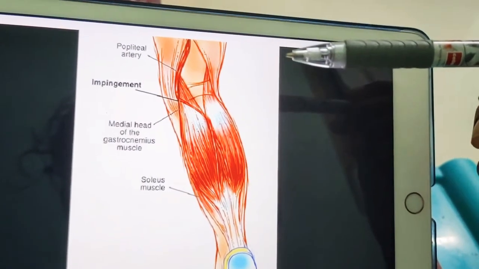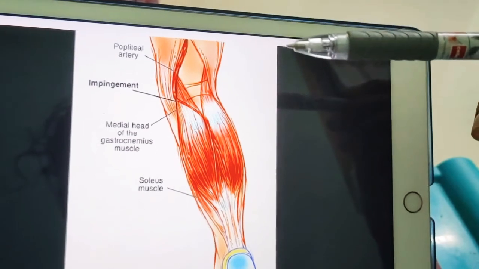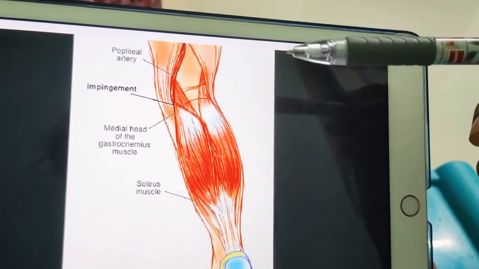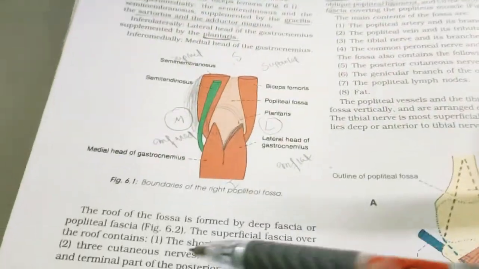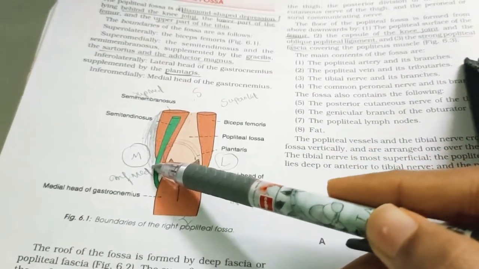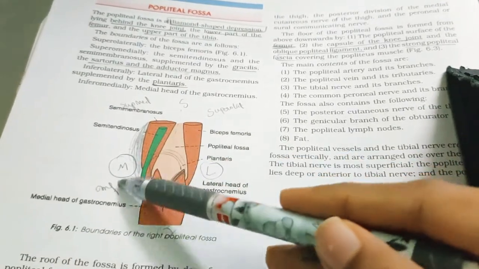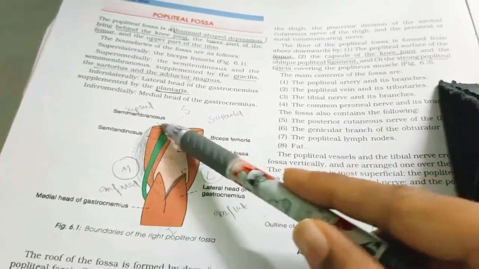In this diagram you can see that above you have semitendinosus and semimembranosus, and from below the medial head of gastrocnemius. These form the medial side of the popliteal fossa.